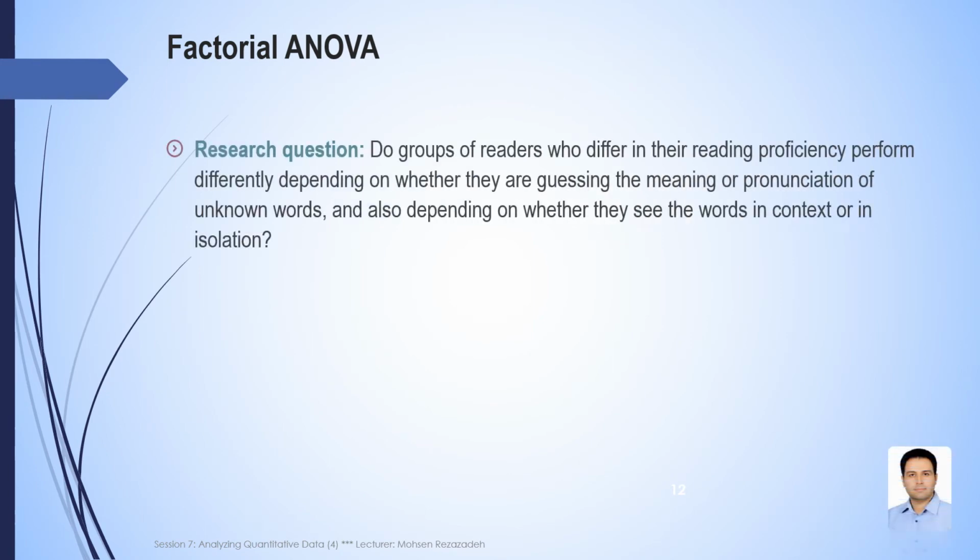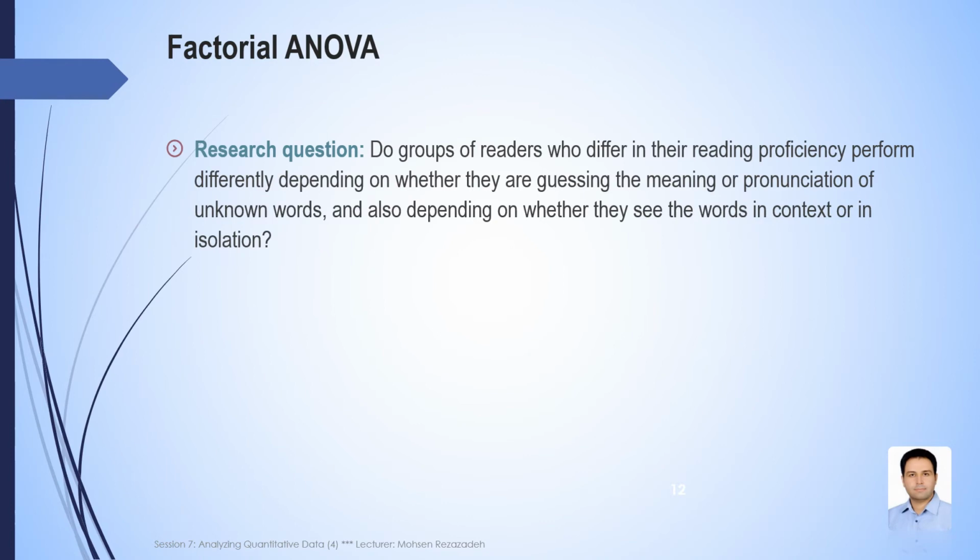Here is an example. Do groups of readers who differ in their reading proficiency perform differently depending on whether they are guessing the meaning or pronunciation of unknown words, and also depending on whether they see the words in context or in isolation?